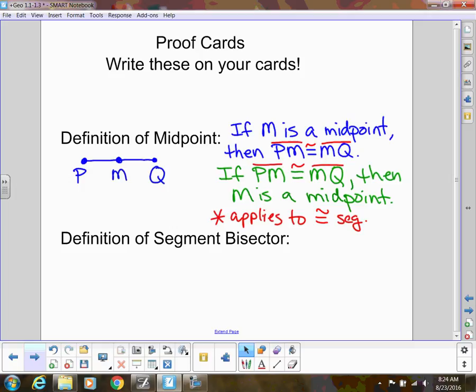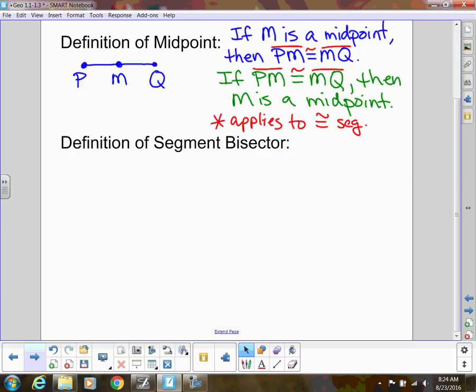All right, and then a segment bisector. If, and we can put AB, you might want to put in parentheses AB. We typically won't see planes, so I'm not going to worry about planes. Notice that I have either a segment or a line.